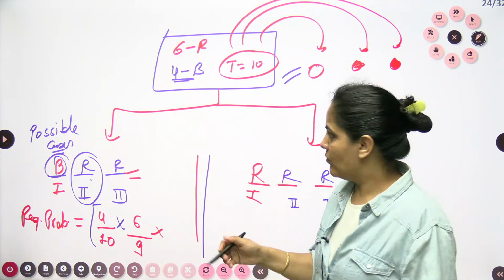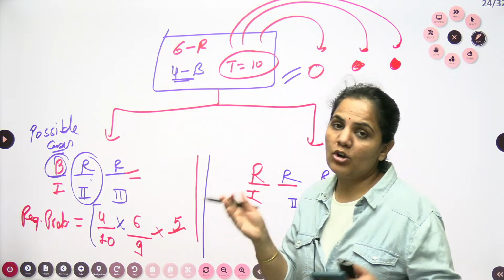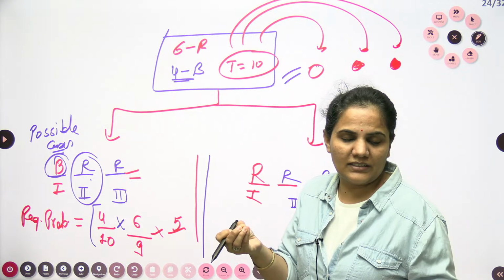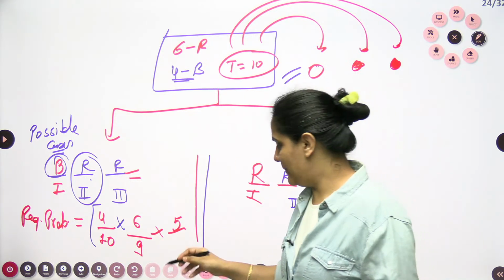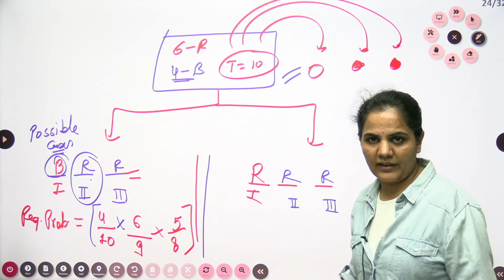So we write 5, and in the box earlier 10 balls were there; once you draw 1 it was 9, and now 2 balls are already drawn, so it will be 8 balls. So this is 4 by 10 into 6 by 9 into 5 by 8.